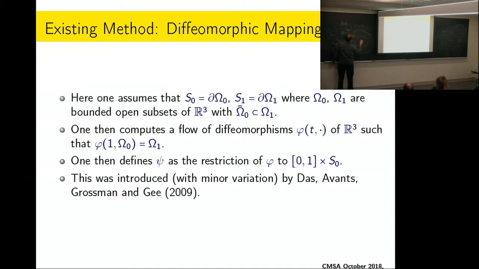And what you're doing now is trying to find a diffeomorphism phi, or actually a flow of diffeomorphisms, that takes an x in omega 0 and, when you flow the diffeomorphism up to time 1, so the diffeomorphism is time dependent, you end up on omega 1.